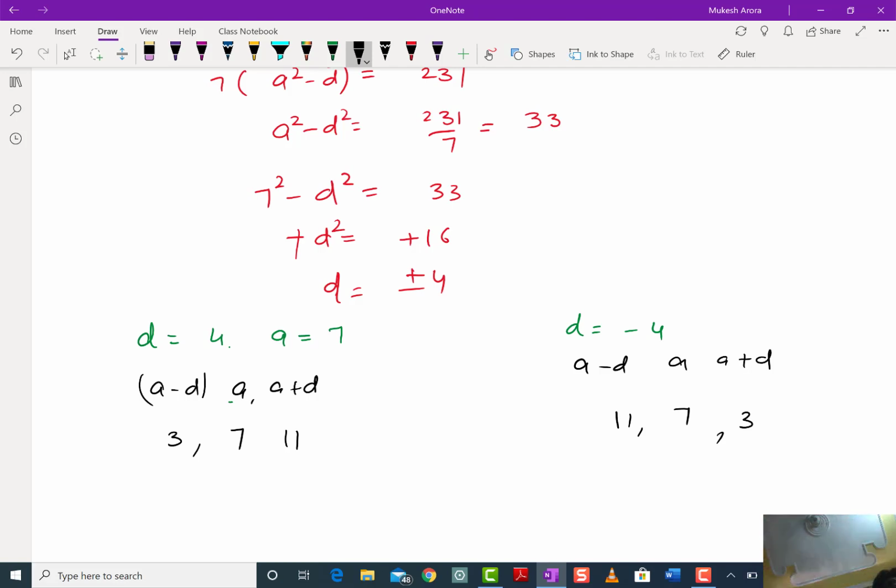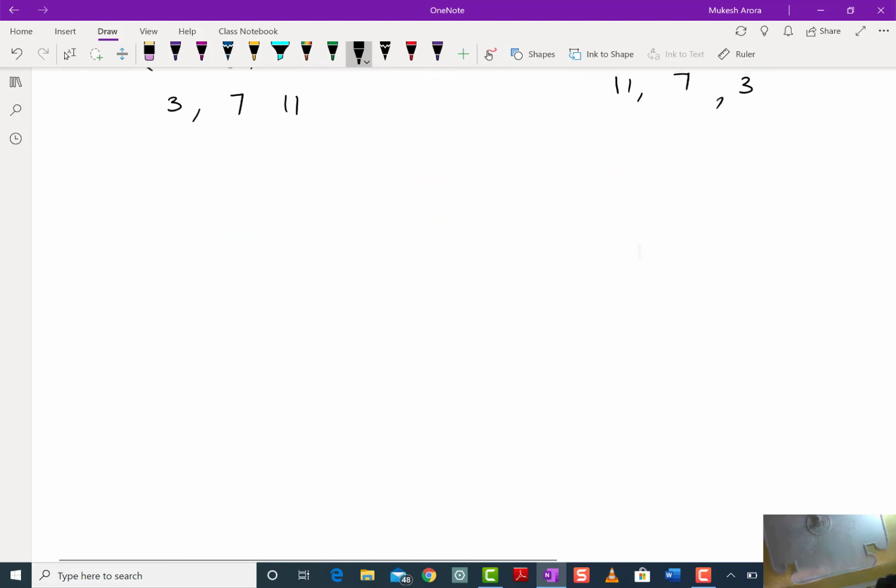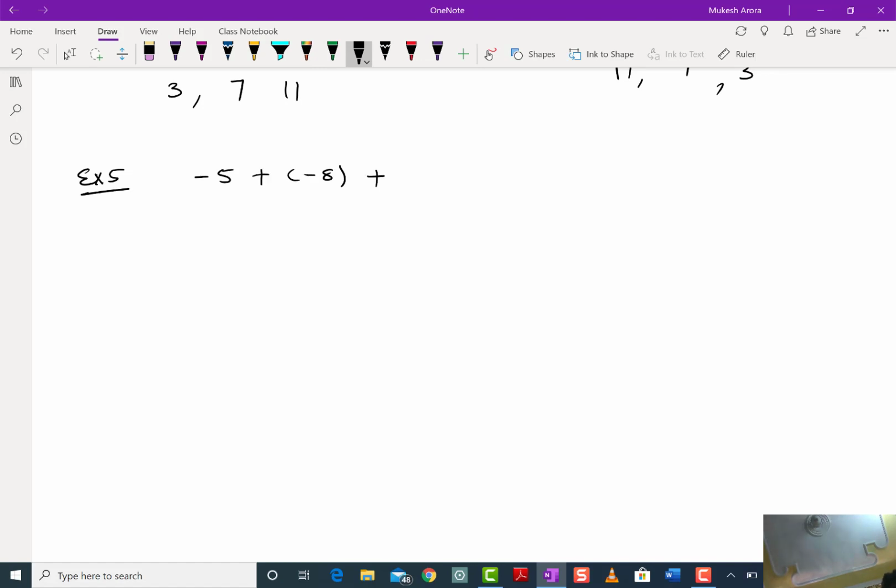Another question is that we have the series minus 5, minus 8, minus 11, and so on up to minus 230. Find the sum.